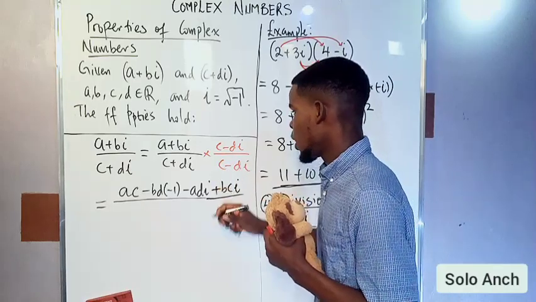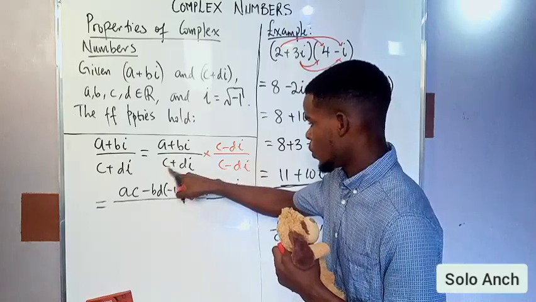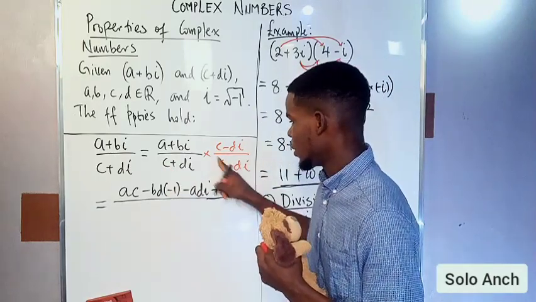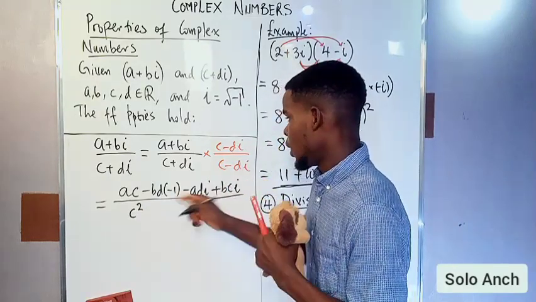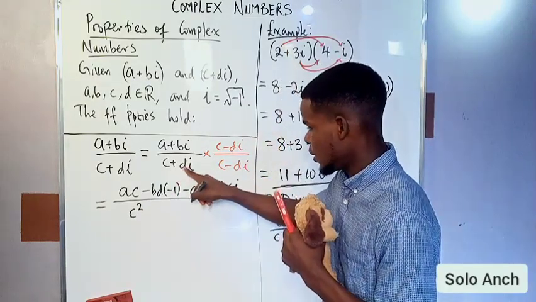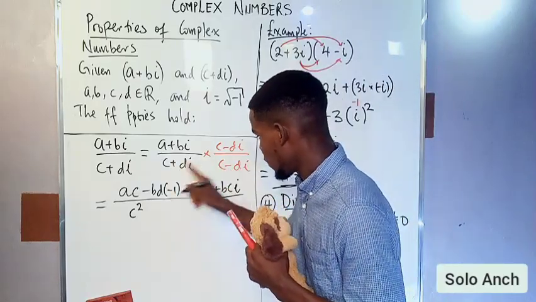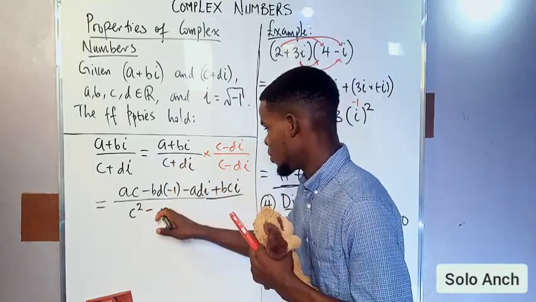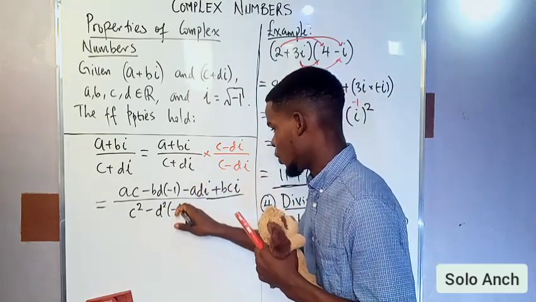Good. Then the denominator will do a similar thing. Just expand c times c. Of course, that's c squared. Then we're going to have c times negative di times negative di. Negative times positive times negative, that's negative. d times d, of course, that's d squared. And then we have i times i, which is negative 1. Good.